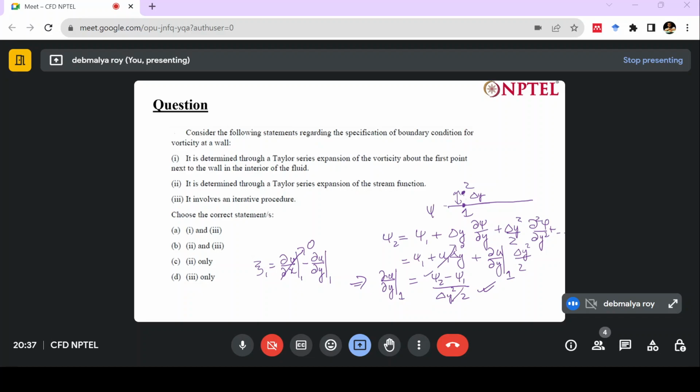It is determined through a Taylor series expansion of the stream function might be more accurate. So 2 is correct. It involves an iterative procedure. That is correct. So this is the Taylor series expansion of the stream function.